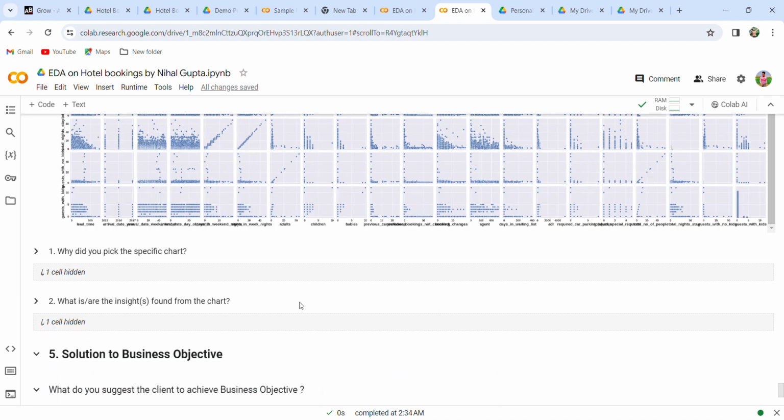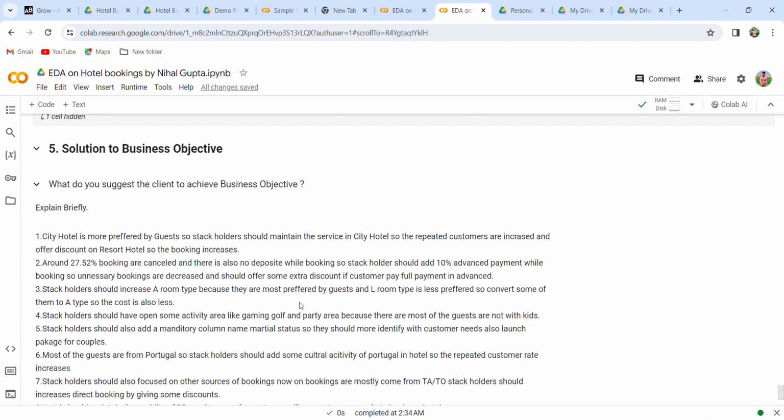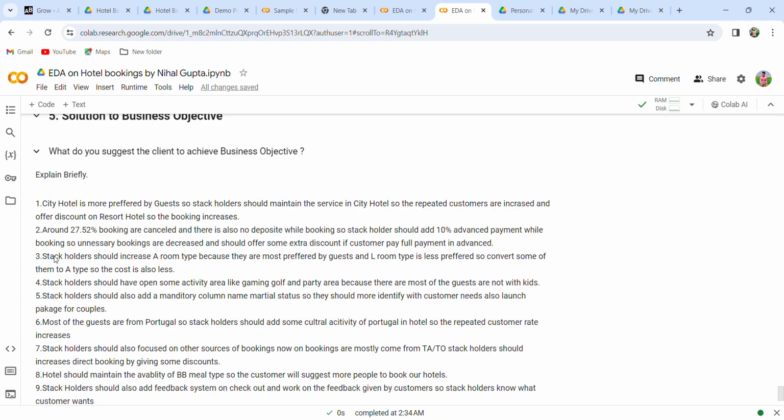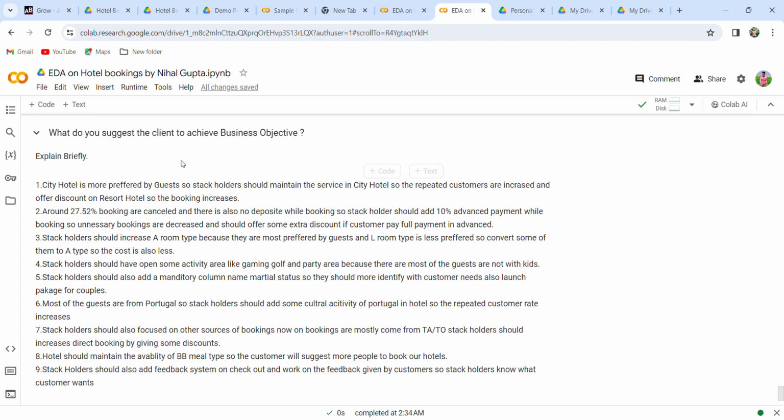Now this was all about the project, and now we can talk about what we can suggest to the client to achieve the business objective. City hotel is more preferred by guests, so stakeholders should maintain the service in city hotel so that repeated customers increase, and offer a discount on resort hotel so that bookings increase.